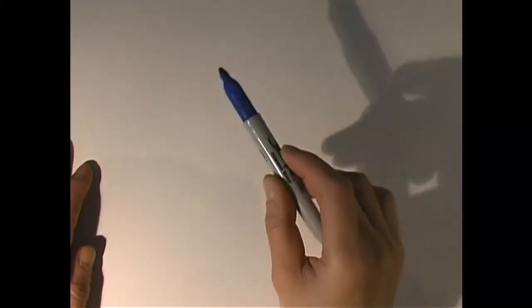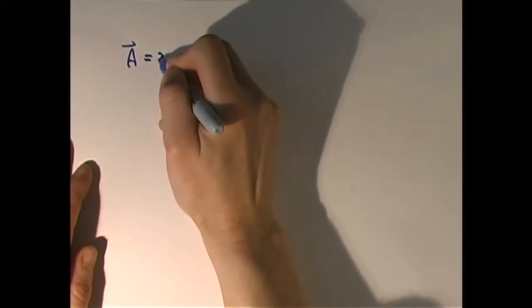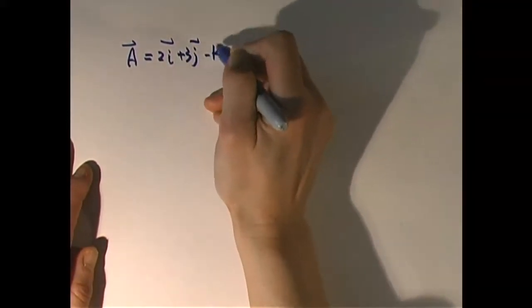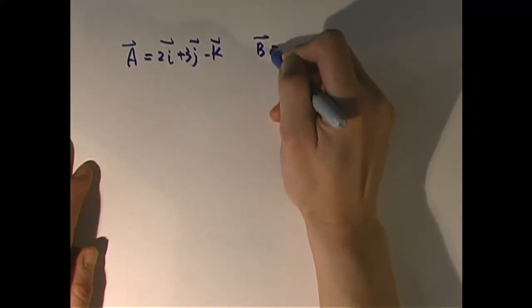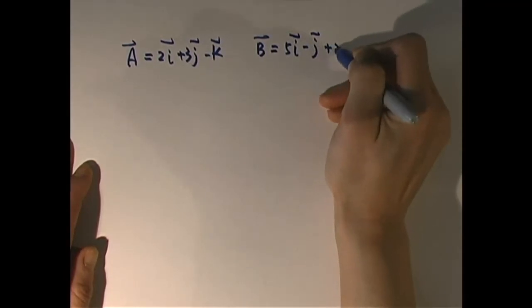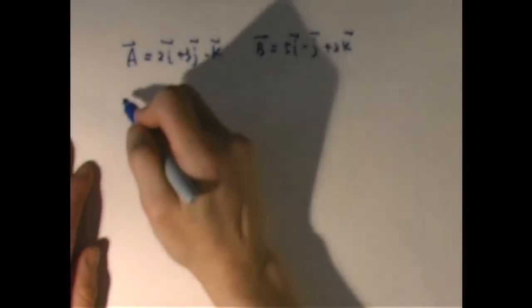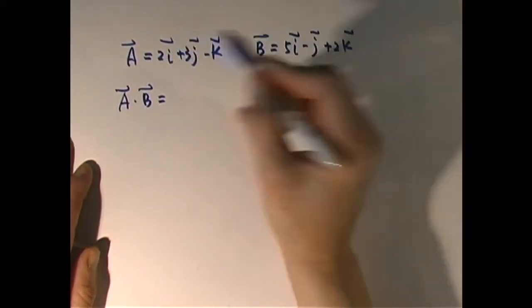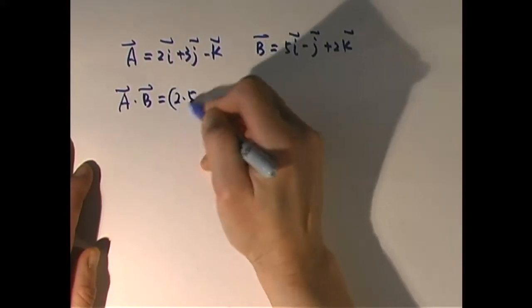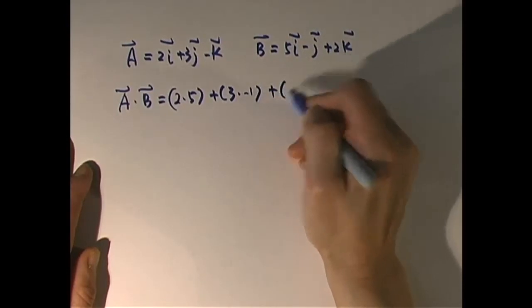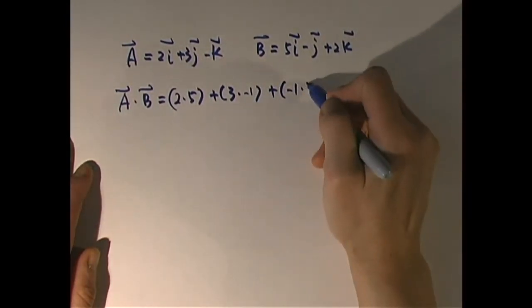Therefore, in our original case, where A equals 2i plus 3j minus k, and B equals 5i minus j, excuse me, plus 2k, the result of A dot B equals 2 times 5, plus 3 times negative 1, plus negative 1 times 2.